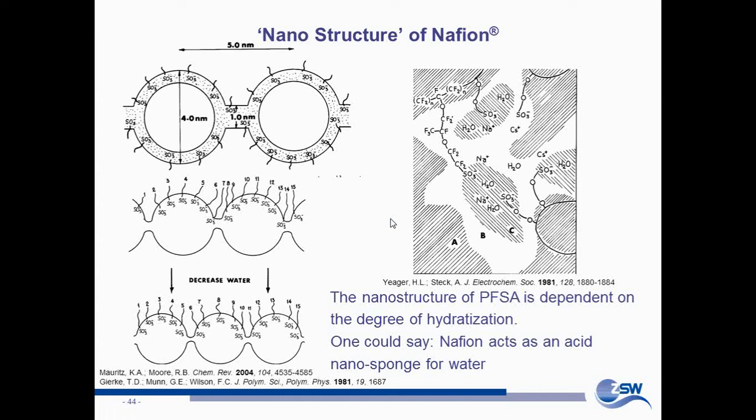I tend to compare them with acidic nanosponges, right? Yeah. And they are made of, let's say, father is PTFE and mother is sulfuric acid. Doesn't that give the average? So, in a sense, if you look fine enough, you will find areas that are quite hydrophobic, and you will find areas which are quite hydrophilic.